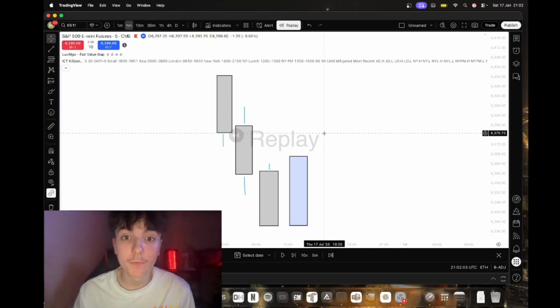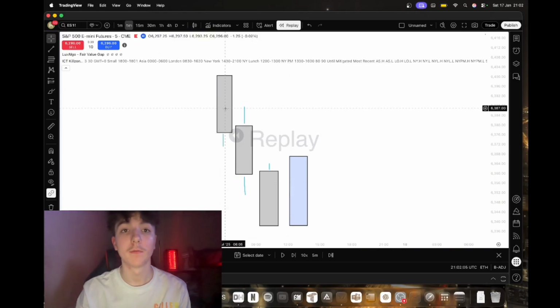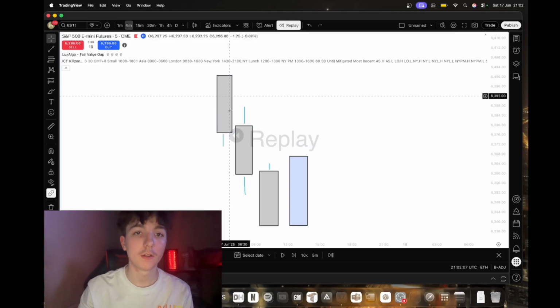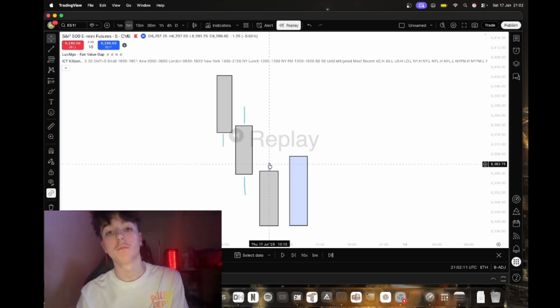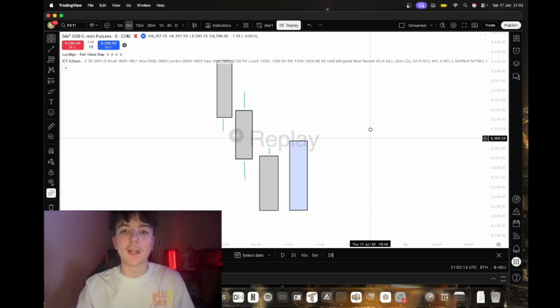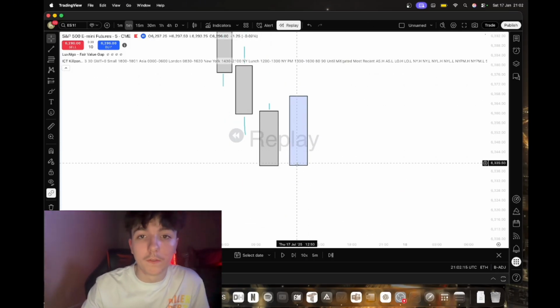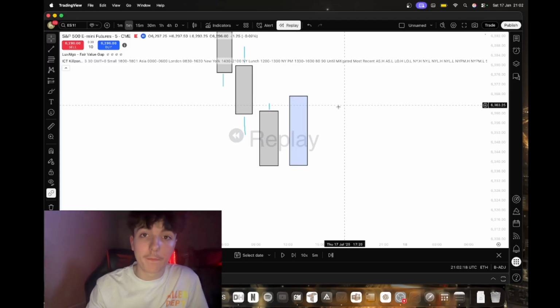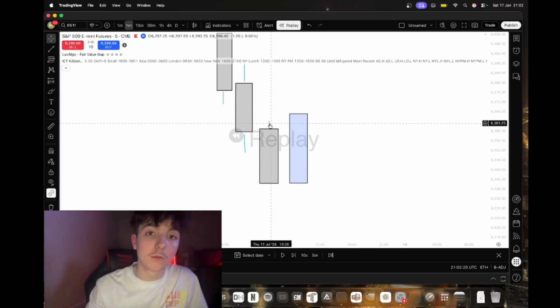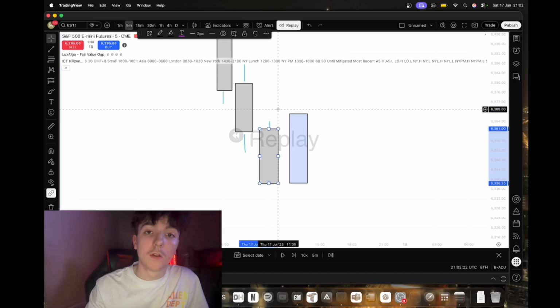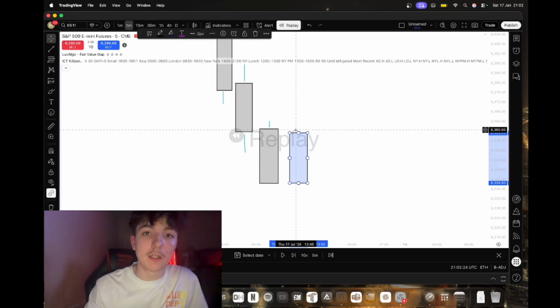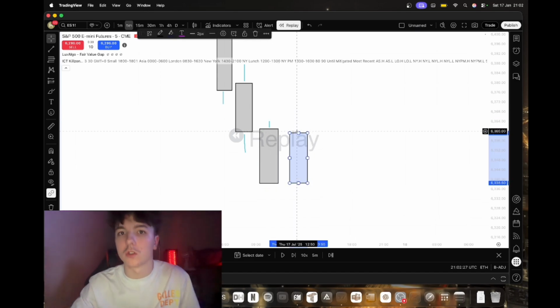Right, so here, imagine we have a downtrend. We're getting this high, this low, lower high, lower low, and then lower high, lower low. But then we get a blue candle that closes above the previous candle's high. If we had something like this and then it wicked above it, that's not a break of structure.